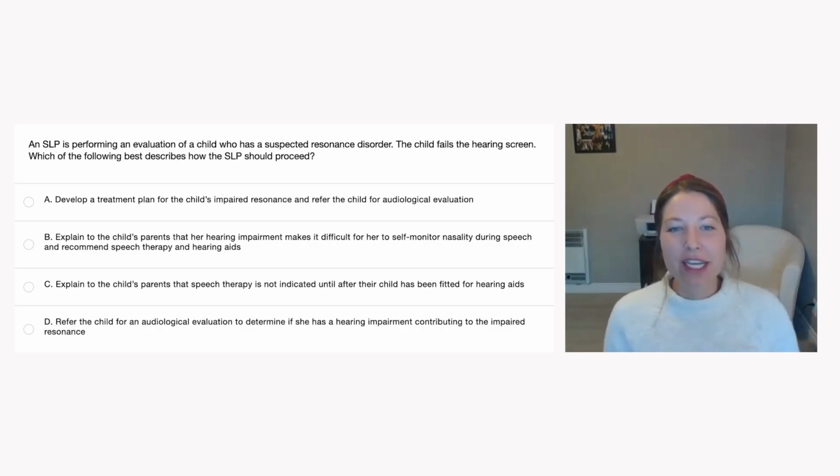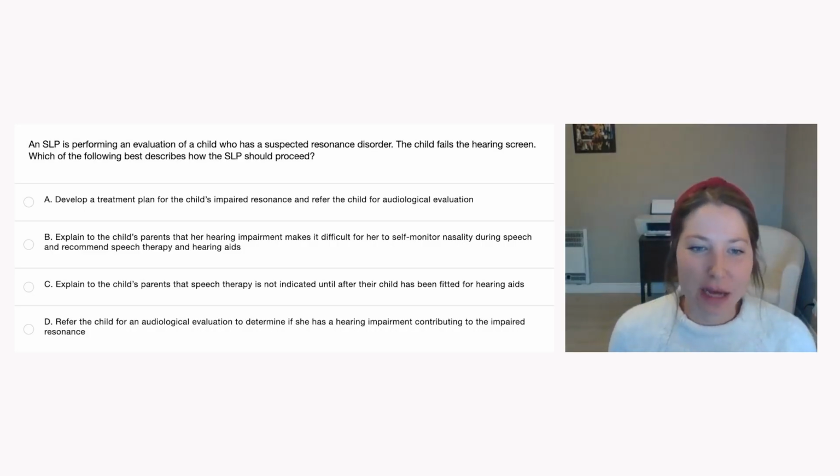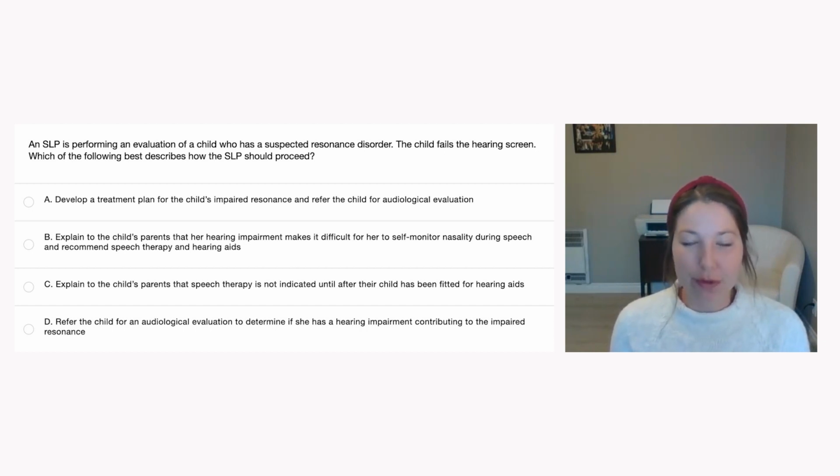All right, so looking at this question, the correct answer is option D. Refer the child for an audiological evaluation to determine if she has a hearing impairment contributing to the impaired resonance. So here's another application-based question. What we need to look for, the key information in this case, the phrases that are important are suspected resonance disorder and fails the hearing screening.